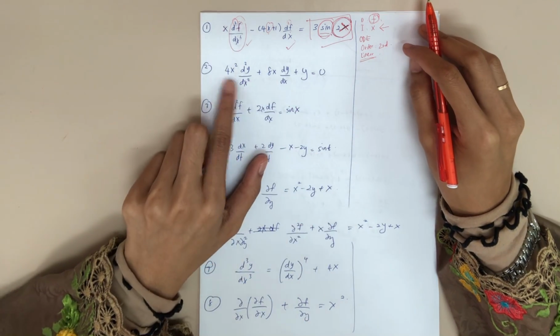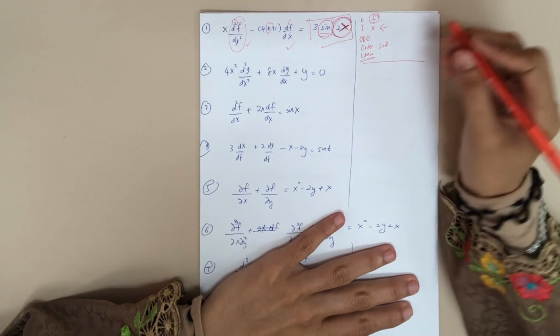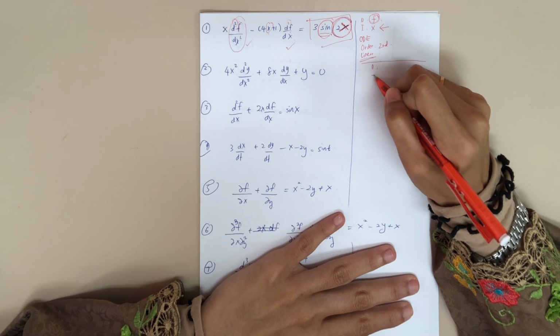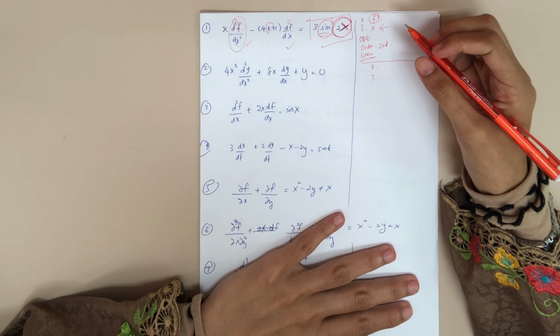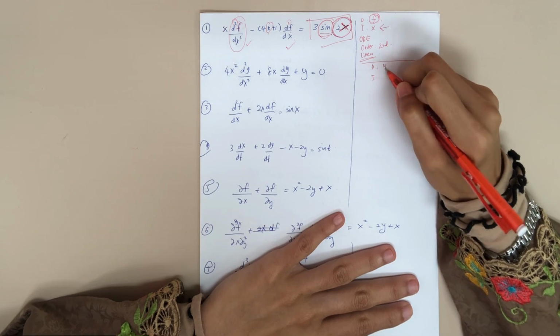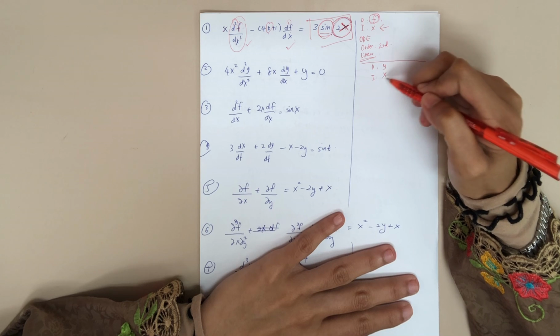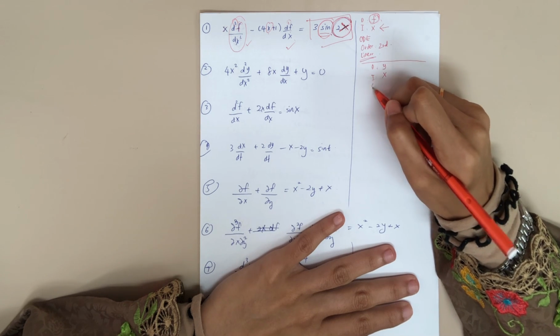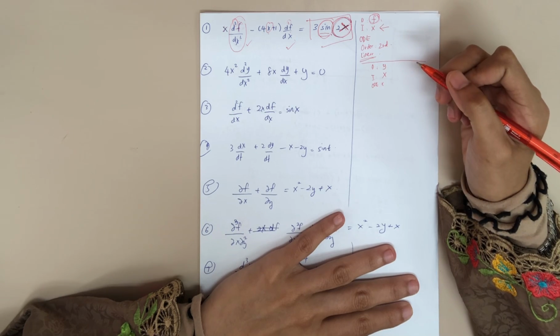How about the second one? What is the dependent variable here? Dependent here is Y, and the independent is X. Therefore, you only have one independent variable here, so this is ODE. And what is the order?